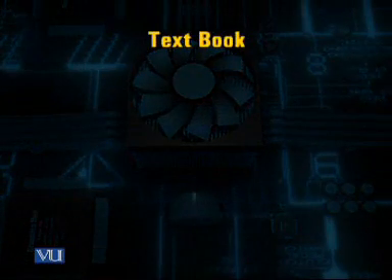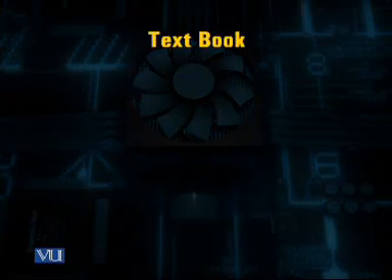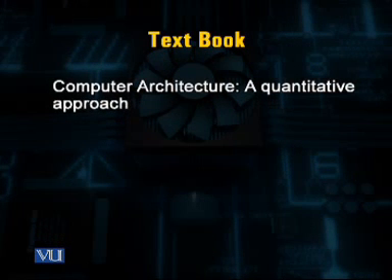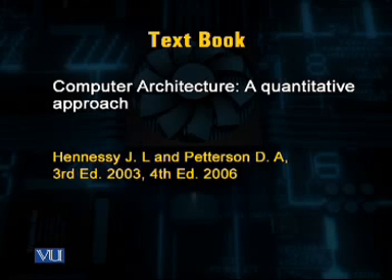Now I will give you a brief introduction about which textbooks we'll be using, what will be the reference books which we will be using, and then how we will be working during the execution of this whole program. For the study of this course, the basic textbook used will be Computer Architecture, a Quantitative Approach, written by Hennessy and Patterson.